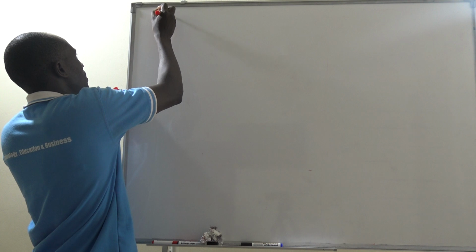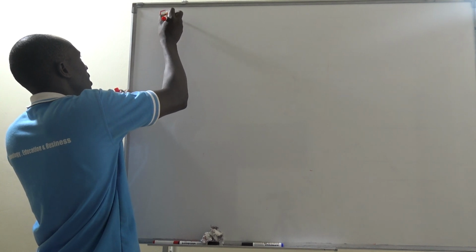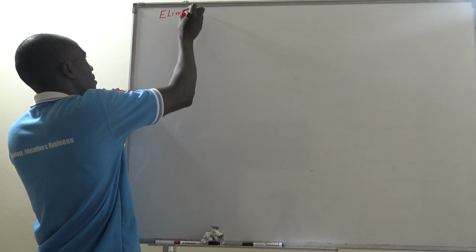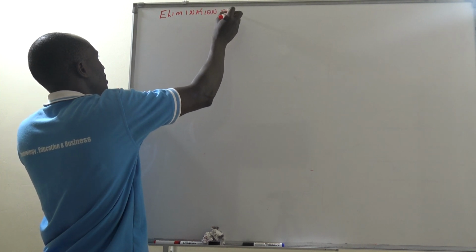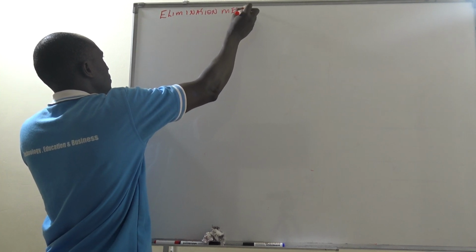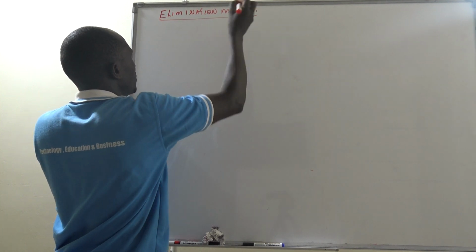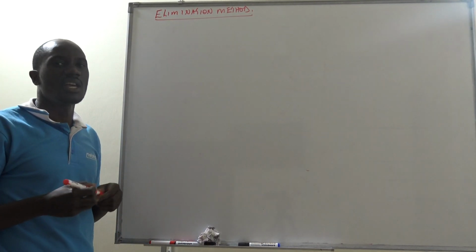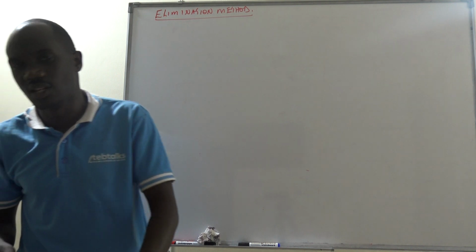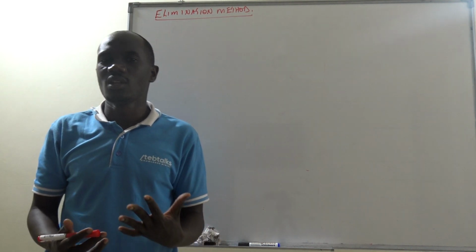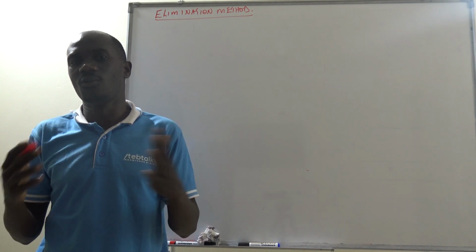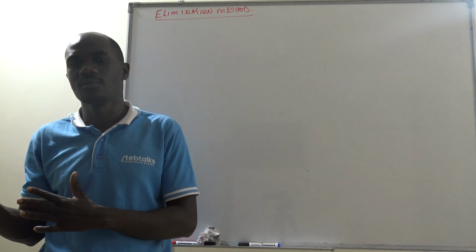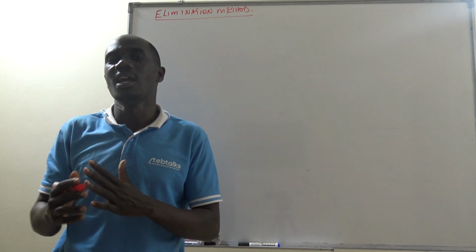So I'm going to start with an example, using the elimination method. Here we shall not take much writing. When we talk about the elimination method, it's all about adding the factors of one variable so that it can easily be eliminated.